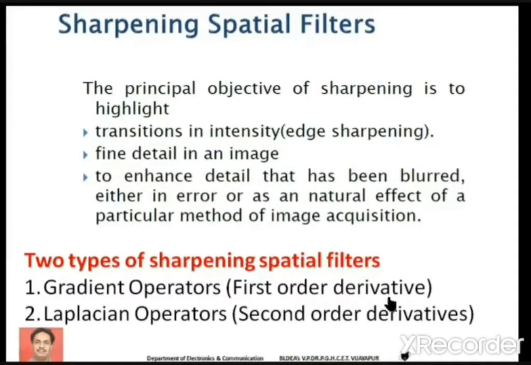By performing the differentiation operation on the pixels, we'll be able to get the edge details of the image. First order derivative operators are referred to as gradient operators, and the Laplacian operators are second order derivatives. We'll discuss these two topics in today's class.